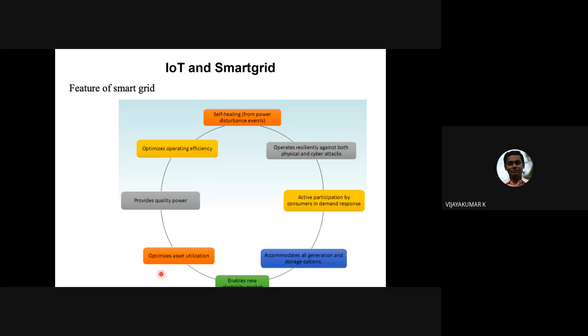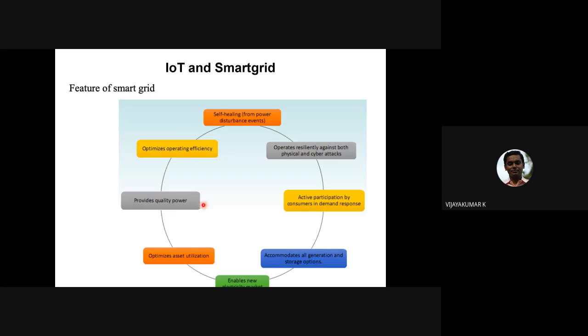Next, asset utilization. How are you optimizing the asset utilization? Once batteries and renewable energy come into the picture, you need not go for new installation of thermal power plants. So we are saving the capital cost to the country. We can say we are optimizing the asset utilization.